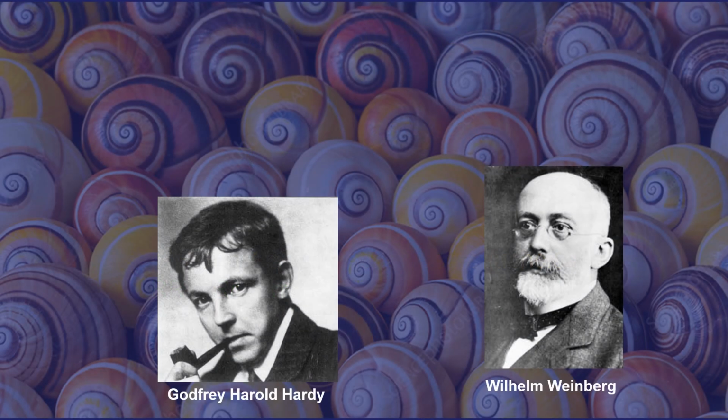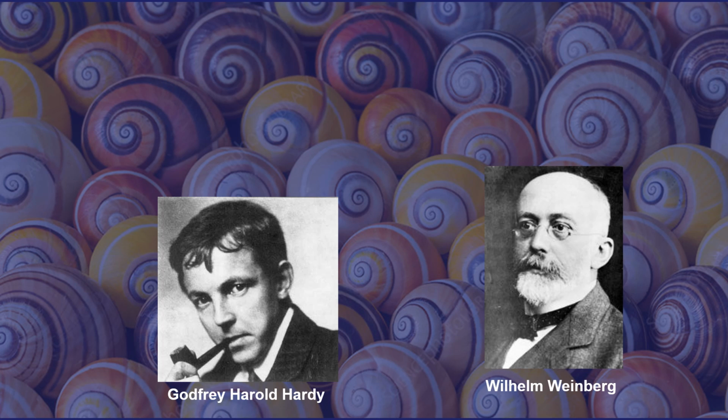Remember, the Hardy-Weinberg equation or theorem applies to a hypothetical population, and there are a number of criteria that have to be met. We're talking about a population of diploid organisms, and we're talking about a situation where there's only 2 alleles. So we're just talking about a single gene.